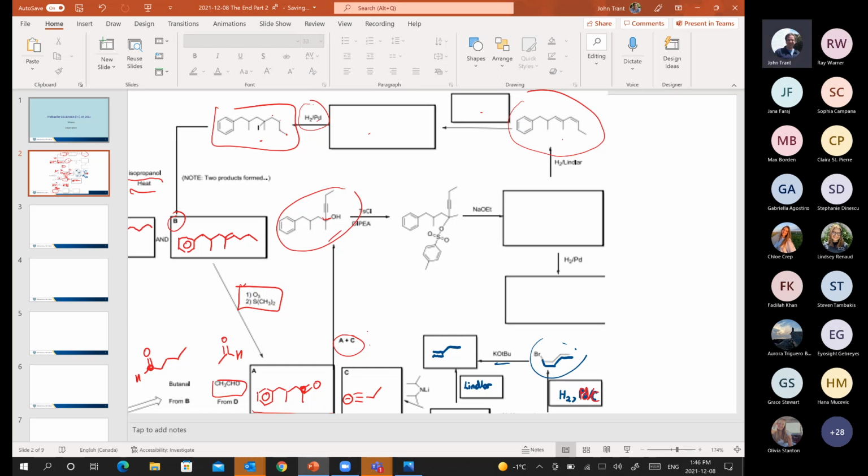I think these are the 2 hardest boxes on this system. Any ideas? Yeah, we need to get rid of the double bond and write one.